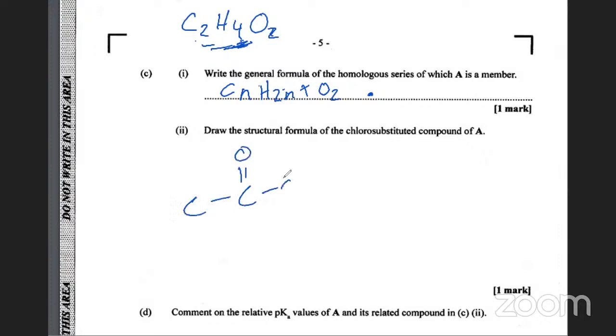Carboxylic acid. Look at that. I was correct. It is. All right, so if it's carboxylic acid, then it's CnH2n plus 1, a functional group.